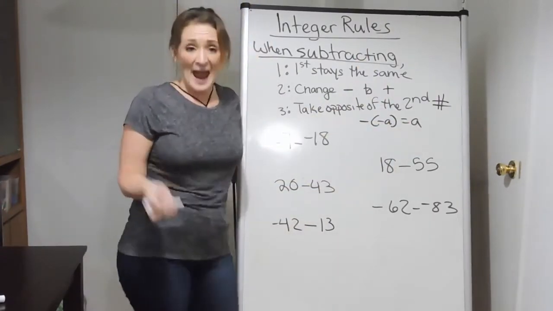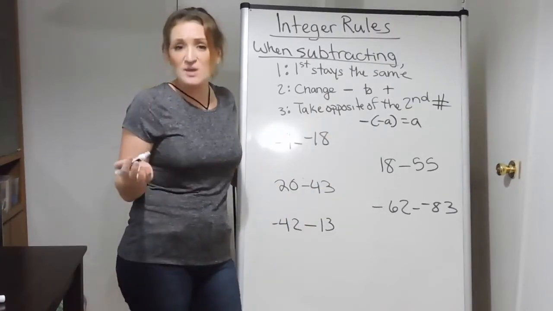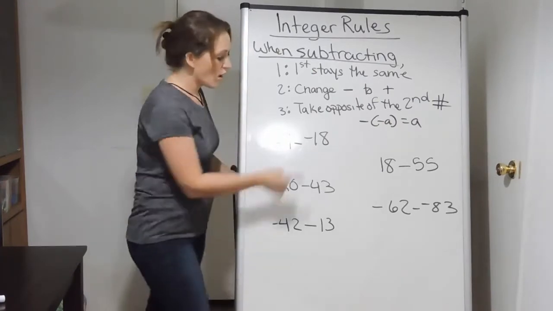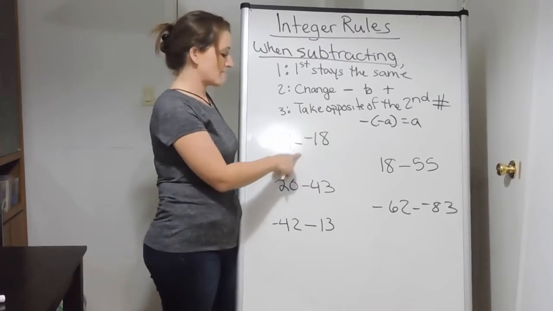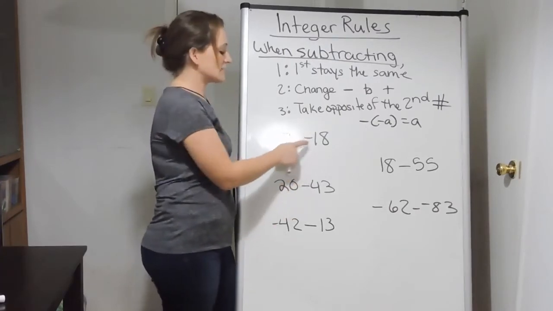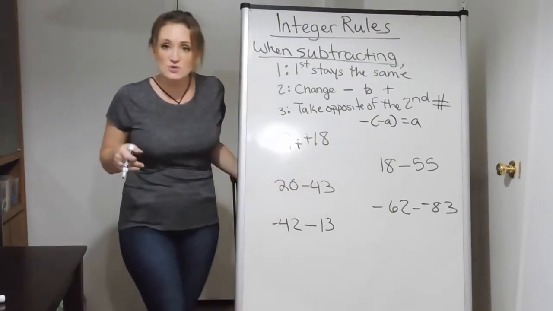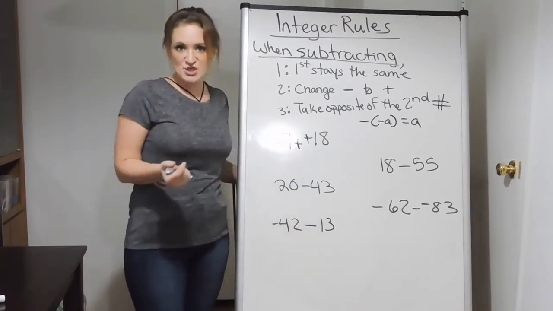So the first thing that I would do if I had several calculation problems like this is I would go ahead and go through the ones that have the double negative rule. For example, right over here at the top, I have this -7 minus -18. Because I have those two negatives side by side, I can go ahead and cancel those out and make them positive. Otherwise, this is an addition problem.